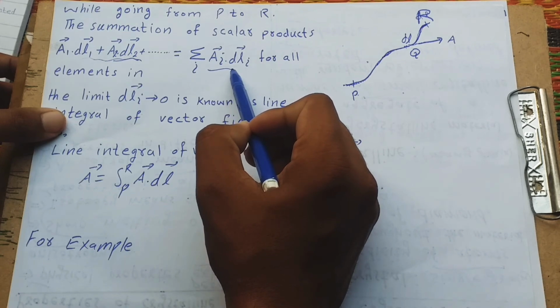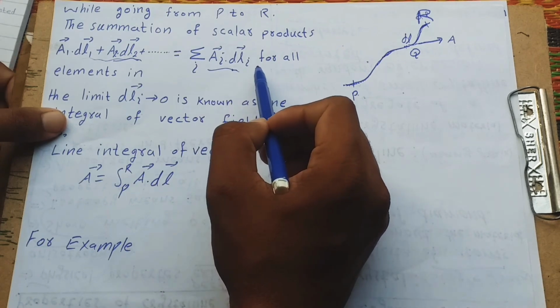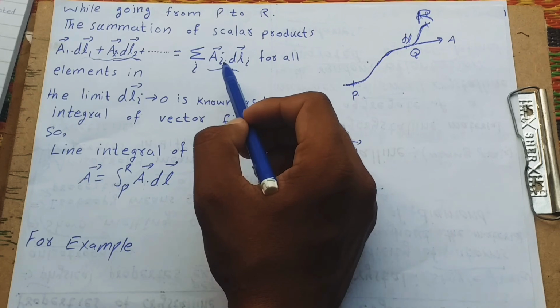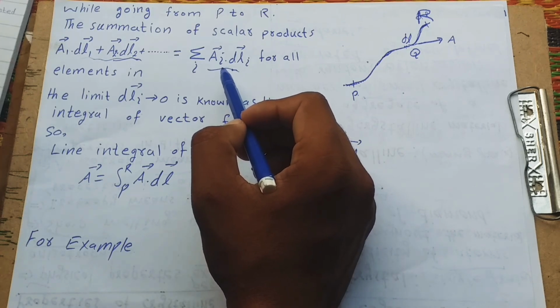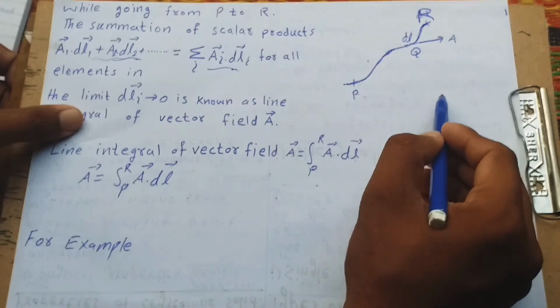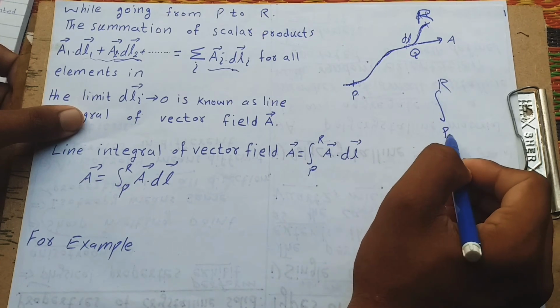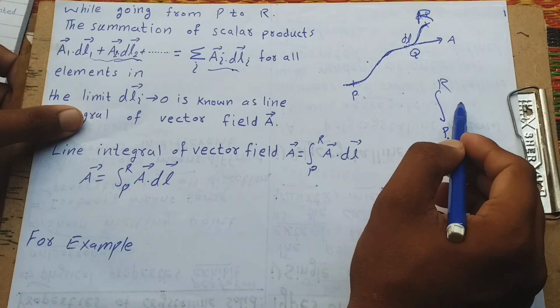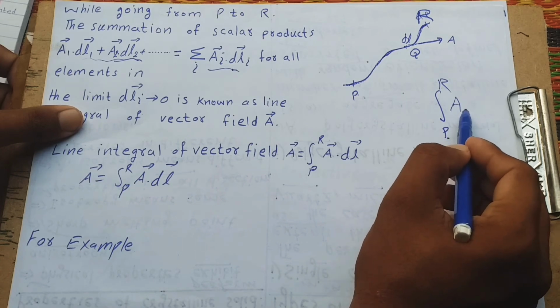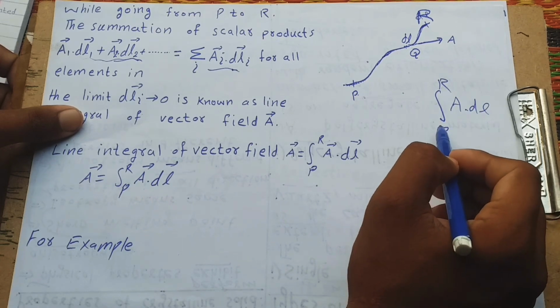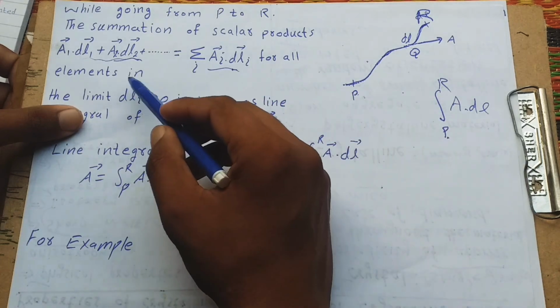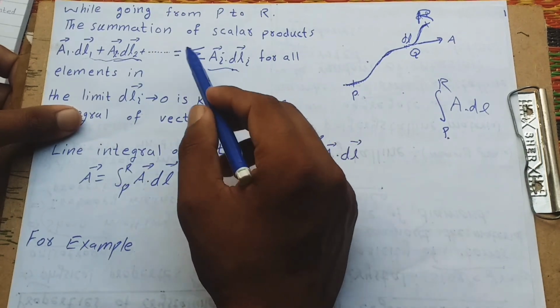We can add in two ways: by summation, and also by integration we add the values. Clear? Just like from P to R, P is the initial point and R is the final point. Here we are adding by summation.